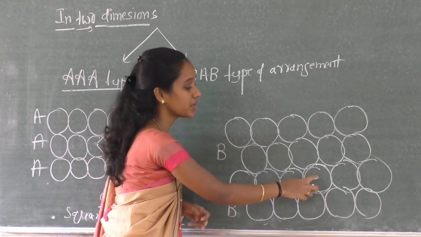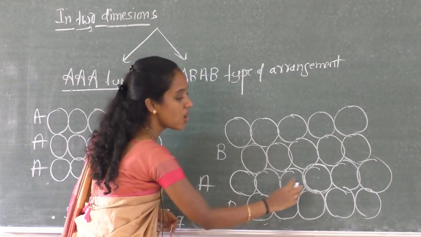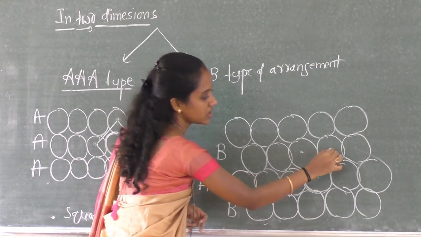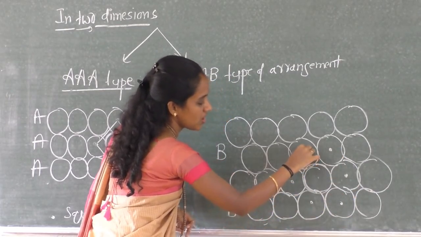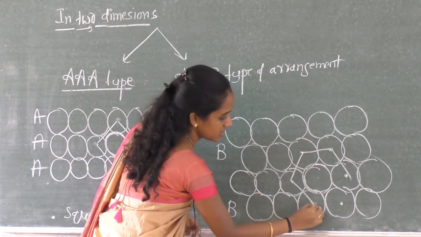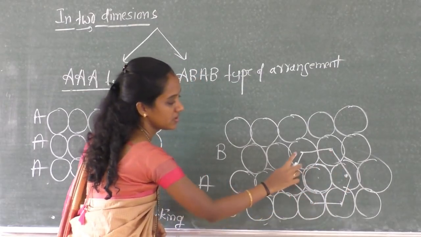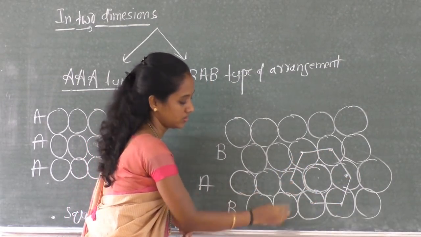What do we mean by coordination number? It is the number of nearest neighbors of a particle. See, this is one nearest neighboring particle. This is also one more particle. Now I'll join the centers of all these spheres like this. You can see the geometry here. It is a hexagon.